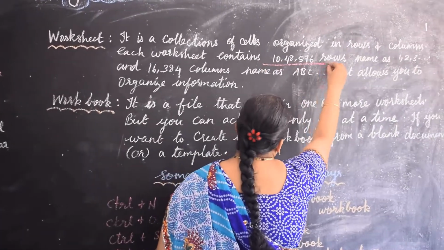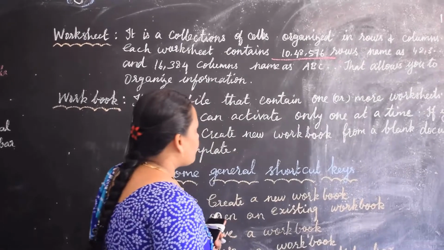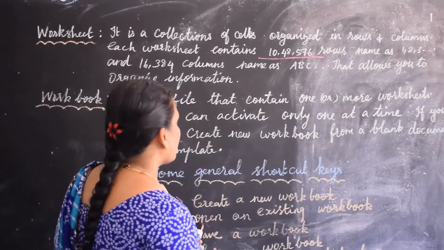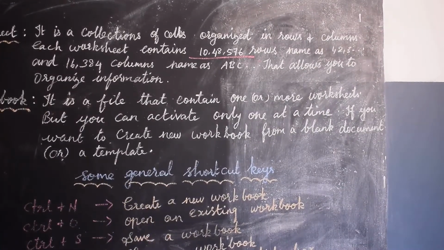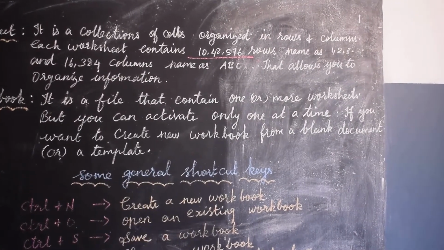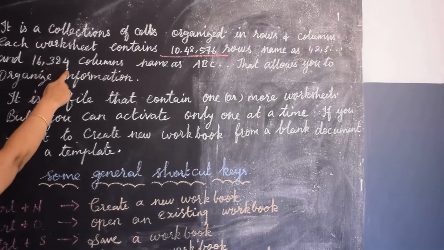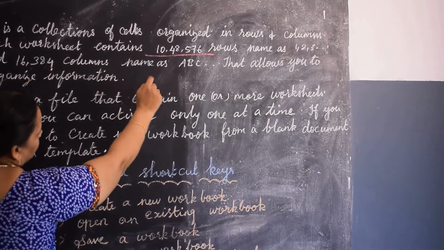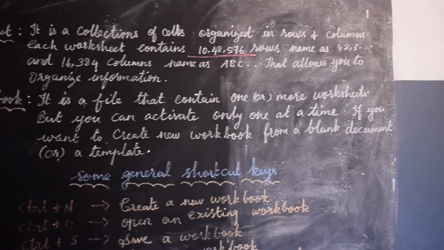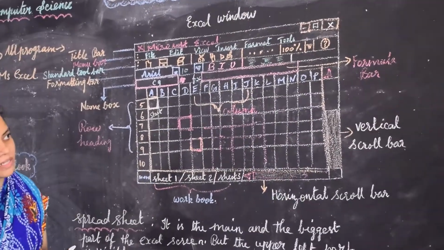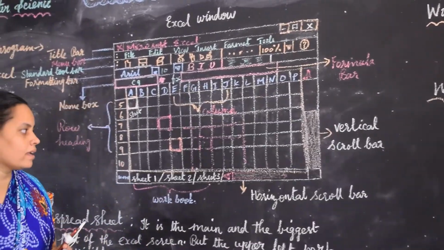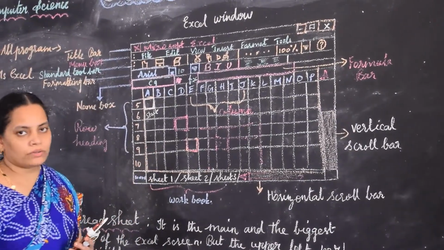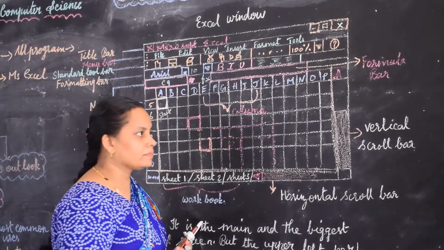Each worksheet contains 10,48,576 rows, named 1, 2, 3 like that, and 16,384 columns, named A, B, C. That is the collection of cells organized in rows and columns that allows you to organize the information.